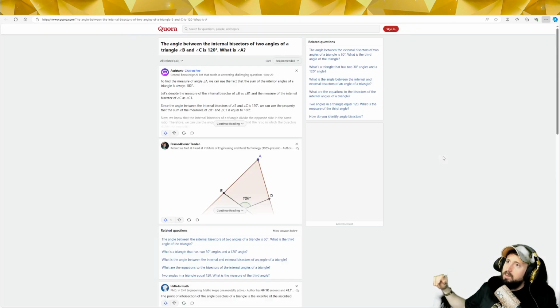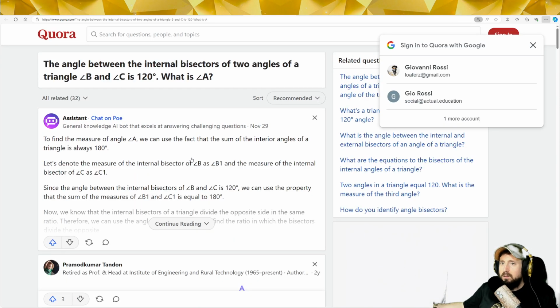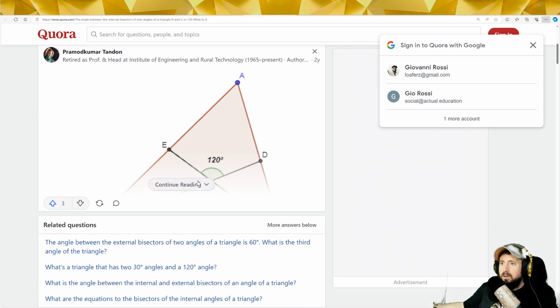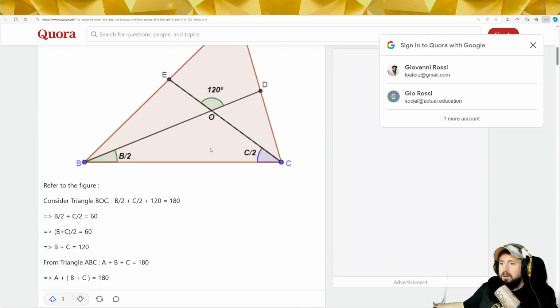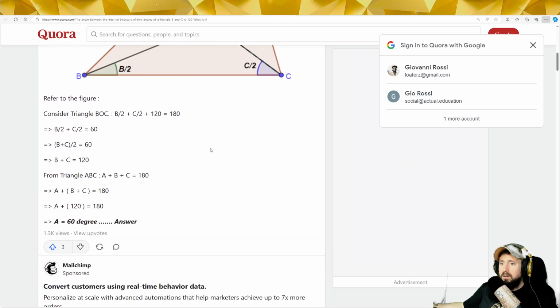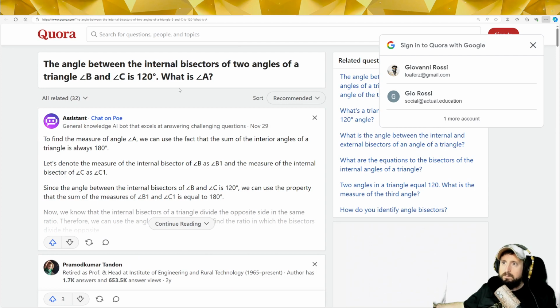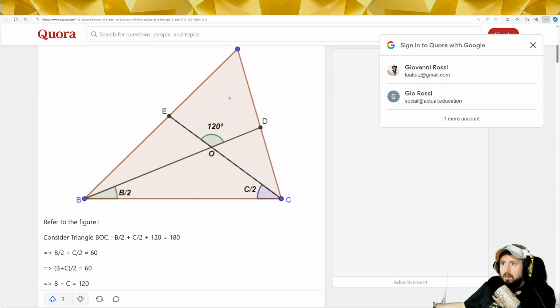Okay, ooh, let's see this. We love Quora. Quora has some great things. The angle between the internal bisectors of two angles of a triangle is 120. What is this?